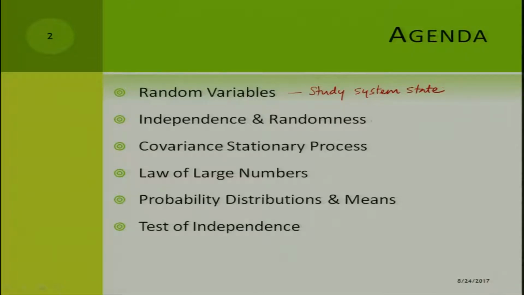We need to study independence and randomness for simulation analysis. We need to study the covariance stationary process and its importance for what we call steady state analysis, and also the transient analysis.